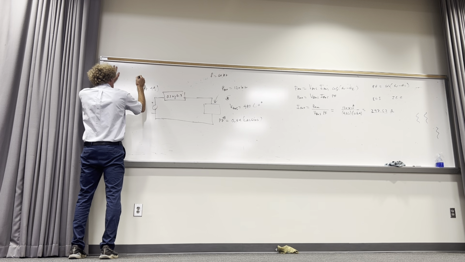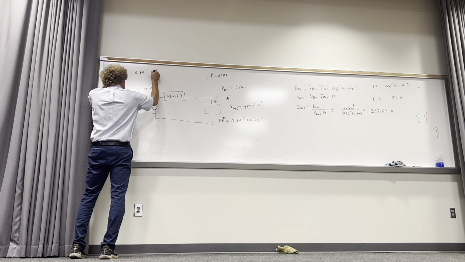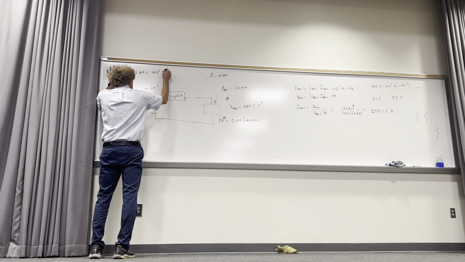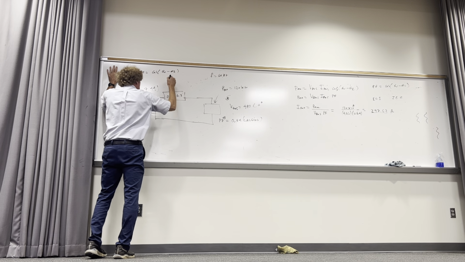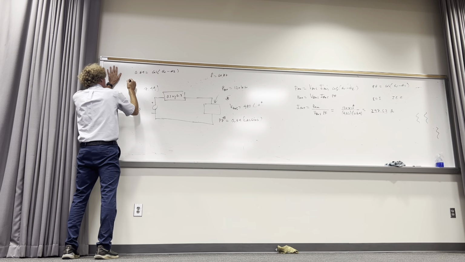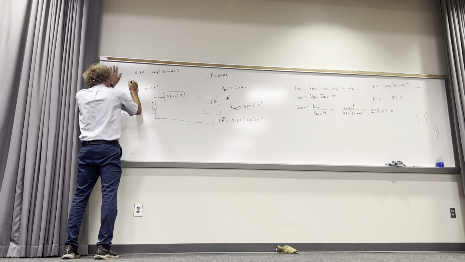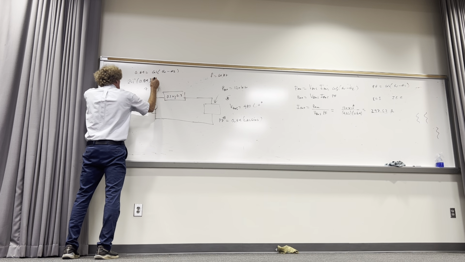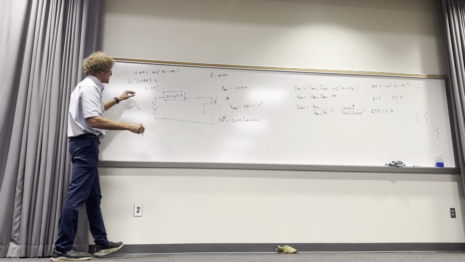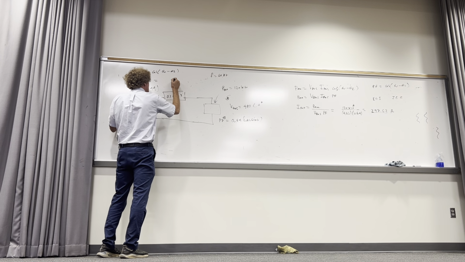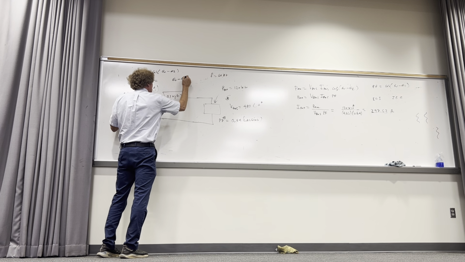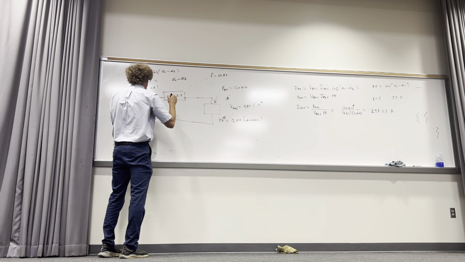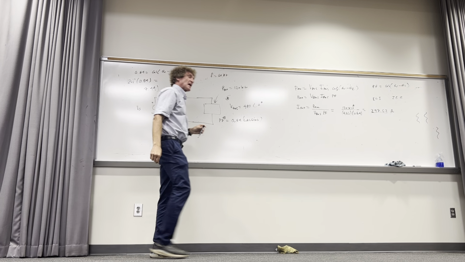So 0.84 is equal to cosine of theta V minus theta I. If you take the inverse cosine of 0.84, you're going to get an angle which is technically theta V minus theta I, but it could be plus or minus this. But what is the inverse cosine of 0.84?